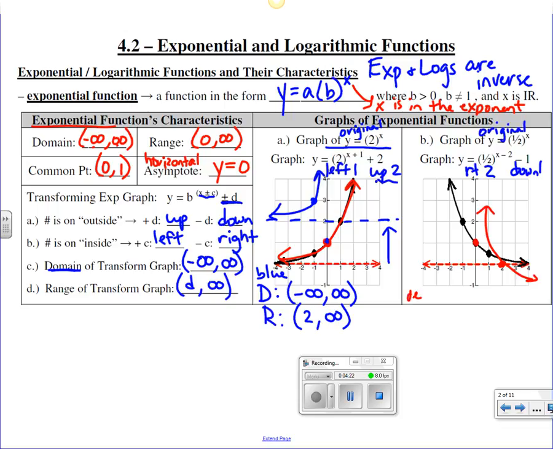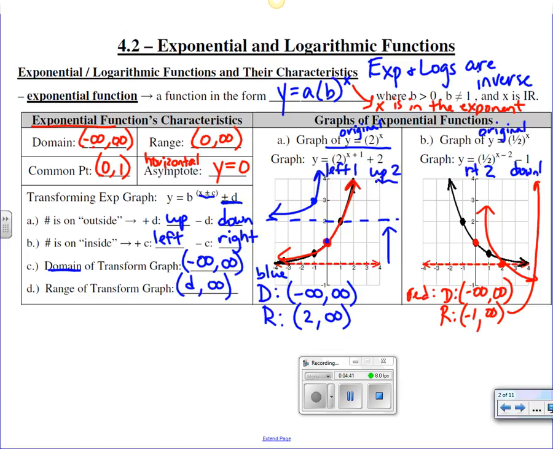All right, so of the red, your domain is always negative infinity to infinity, but your range on this one is negative 1 to infinity. So your range is always that number.